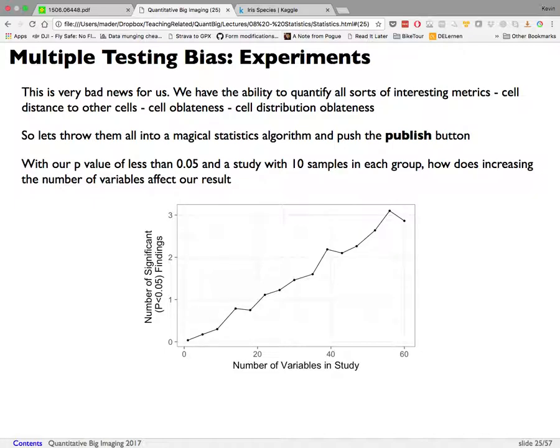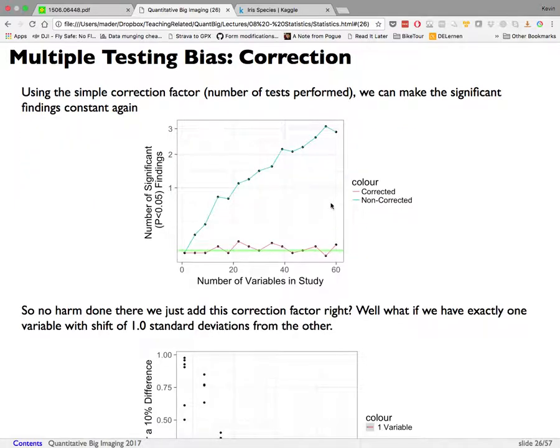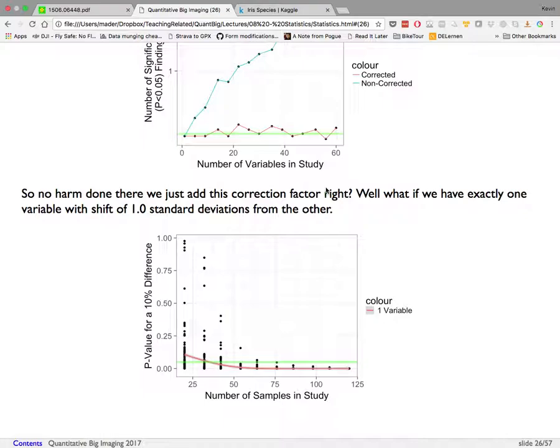Yeah, so that's exactly what it is. When we divide this significance value by the number of variables we check, we correct for this problem of finding significance where we don't want to find it. The problem we have, though, is that if we have a variable that is in fact different, and let's say there's a 10% difference between two groups.